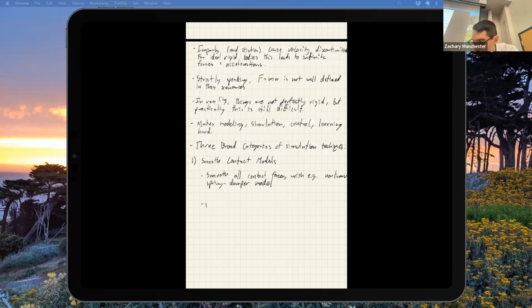Okay, so pros here. This is easy to implement in general. You can make very fancy ones, but at the end of the day, you're replacing all the bad stuff with some F equals ma. You've got some force as a function of distance from the surface, and you can just plug that into your usual dynamics and integrate.